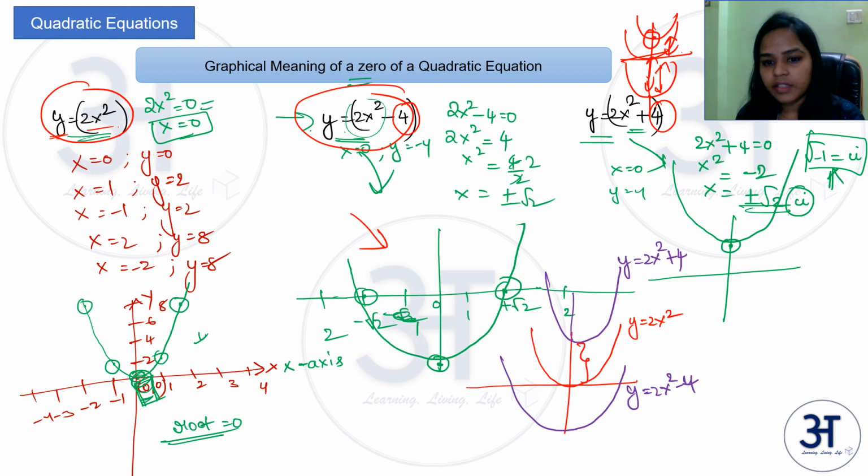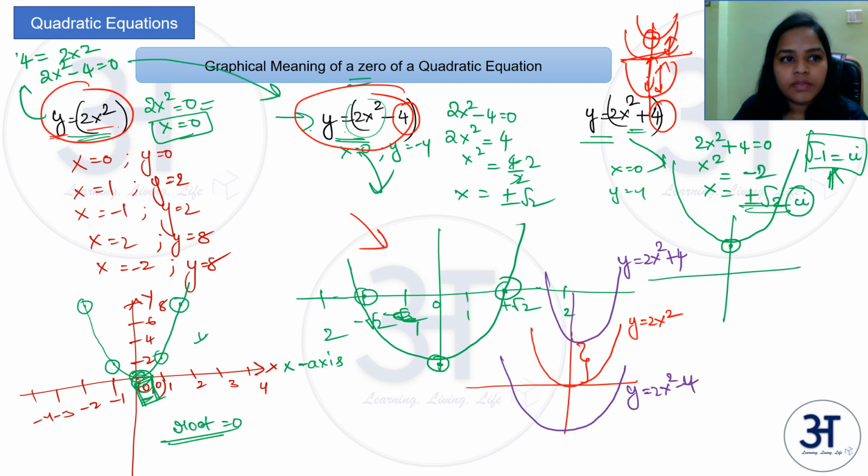So let me write here. If y is equal to 4, then it will be 4 minus 2x square, this equation. So that will again be equal to 2x square minus 4 equal to 0. That is similar to this equation. So if y is equal to 4, what will happen? Y equal to 4, we know that x-axis is y equal to 0.